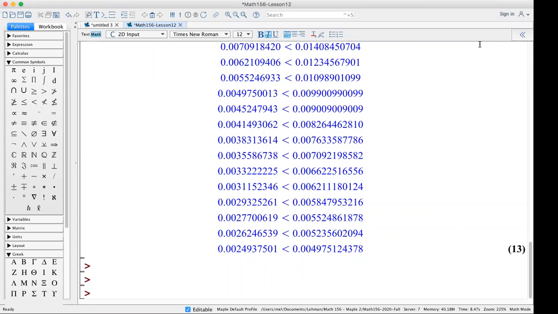It's interesting to consider some other very nice alternating series.